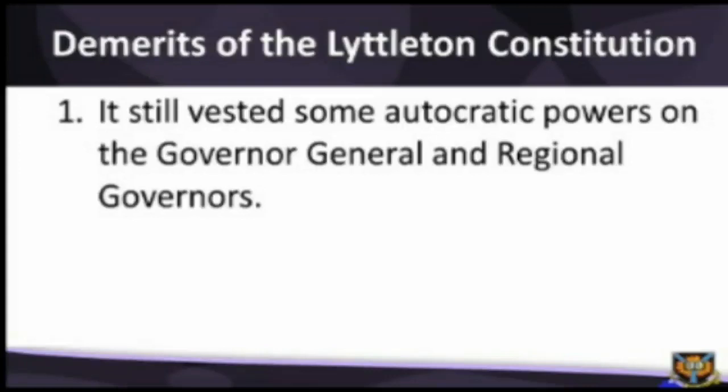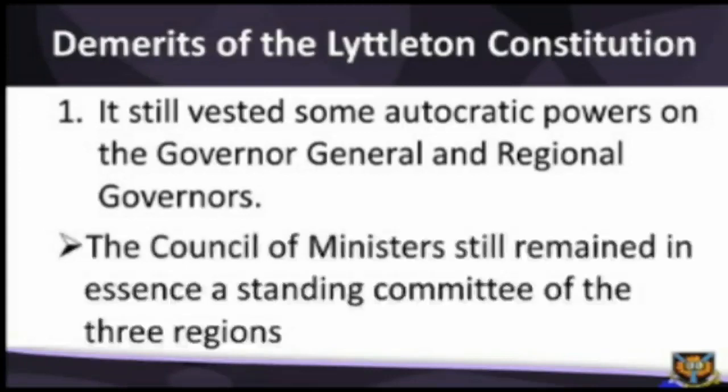Notwithstanding, the Constitution still vested some autocratic powers on the Governor General and regional governors. The Council of Ministers still remained in essence a standing committee of the three regions, as the council was still presided over by the Governor General.